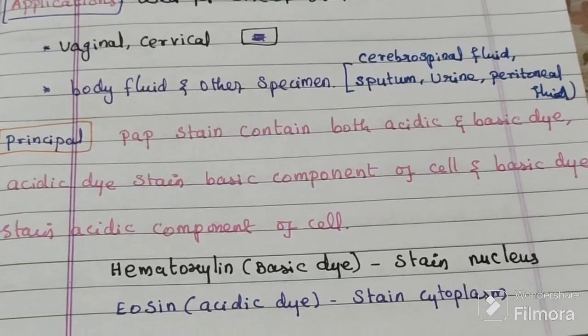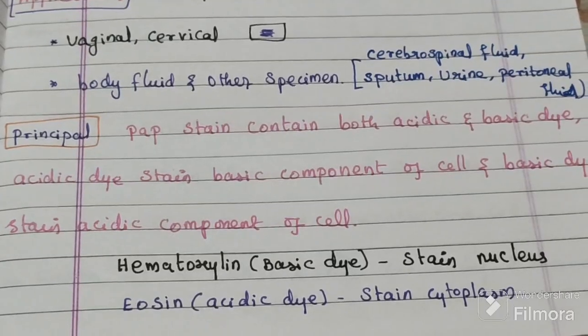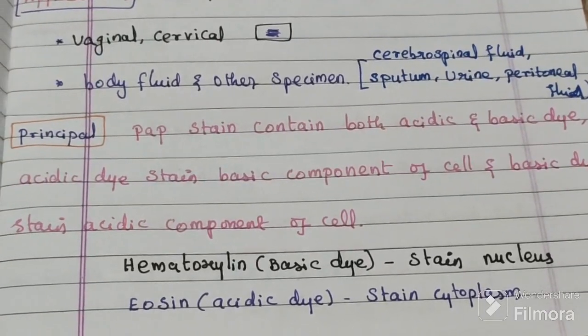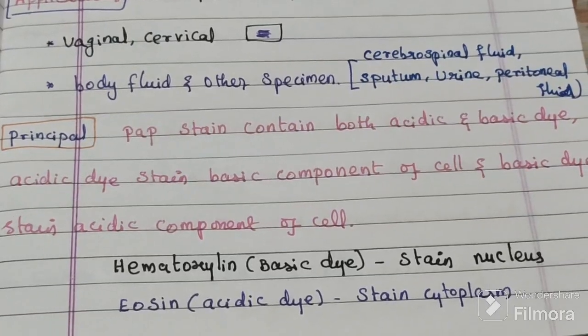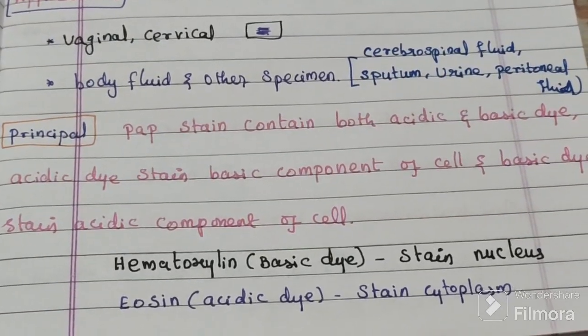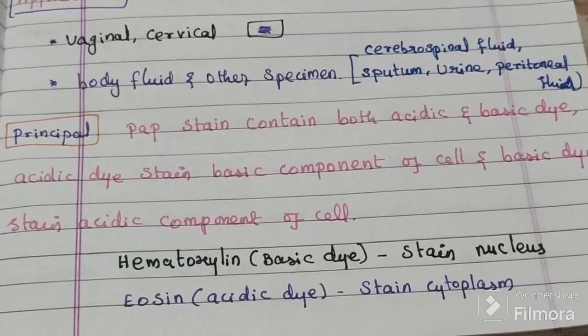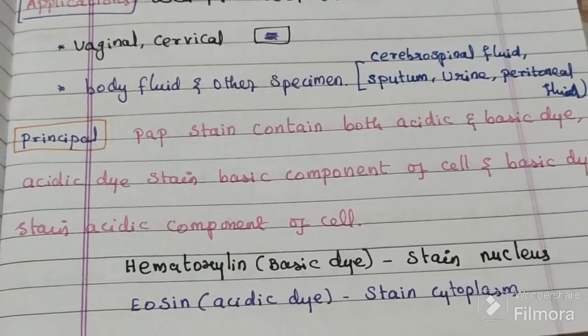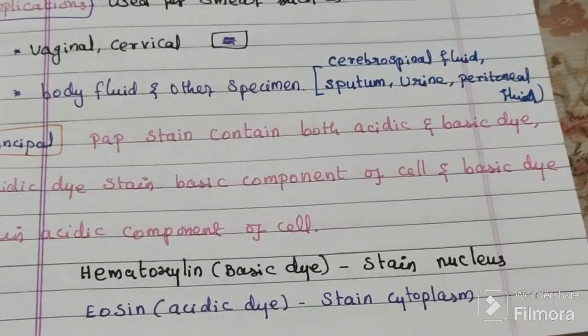So here we have both acidic and basic dyes. Acidic dye stains the basic component. Eosin is the acidic dye, staining the cytoplasm, which is the basic component of the cell. Then hematoxylin is the basic dye, and it stains the acidic component of the cell.